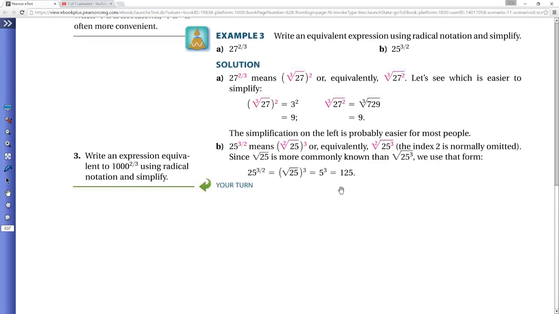Now I kind of like this one because I can deal with smaller numbers, and I'm not going to spend much time there because there's actually even a better way than dealing with it this way. But we take the square root of 25, which is 5, and then you cube it and you get 125.